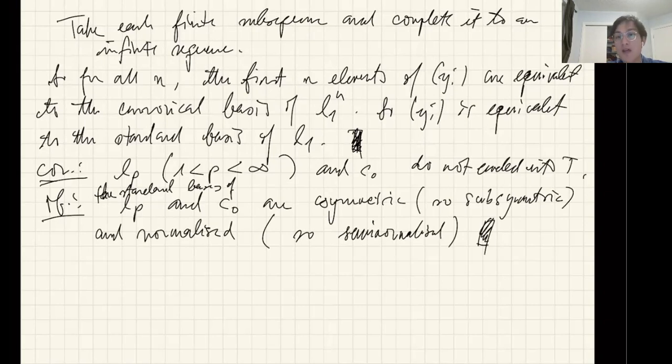Okay, so we proved that T is a Banach space that doesn't contain a subspace isomorphic to L1 or any of the other Lps or C0, which is really weird. And this, I mean, it marked a turning point in the theory of Banach spaces almost.